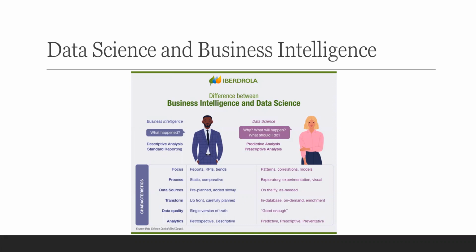But if you look at the data science side, you are looking at patterns and correlation. You are building business models. We learned last session about supervised learning, unsupervised learning, and semi-supervised learning. Those are all looking at the data science point of view.